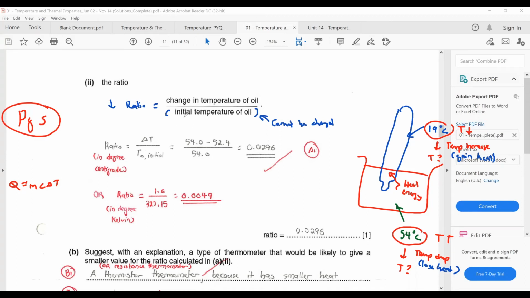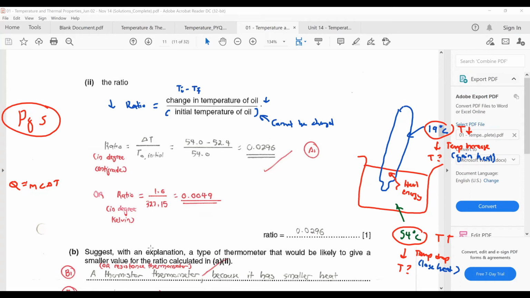Only the change in temperature can change. So you want to have a smaller change in temperature. What type of thermometer would likely give a smaller value of the ratio calculated? Your change in temperature was actually T initial minus T final. Alright.